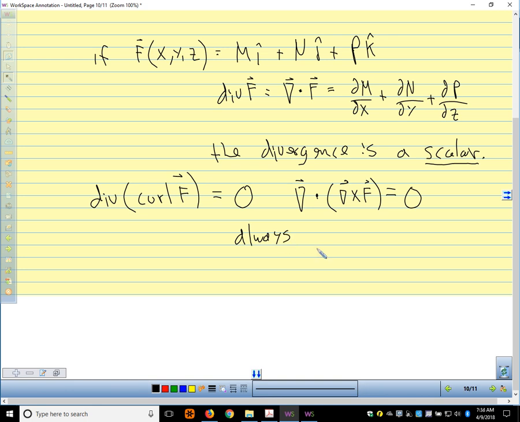So the divergence of the curl is 0. The divergence tells us the tendency of a vector field to flow outward. To diverge. But we'll make that more technical at the very end of the chapter.